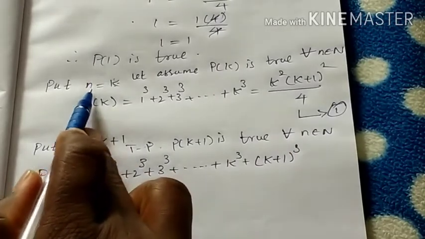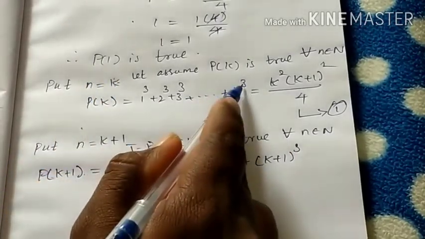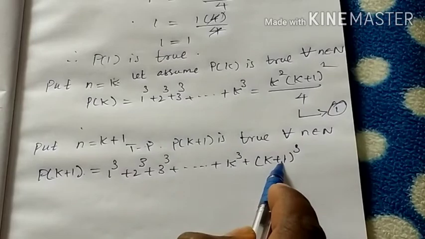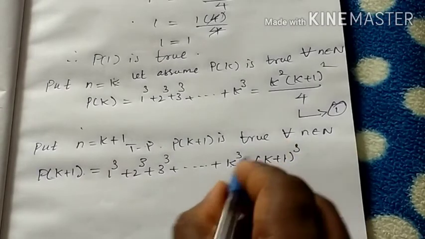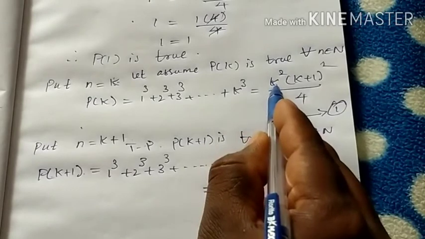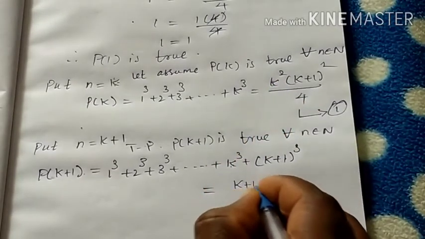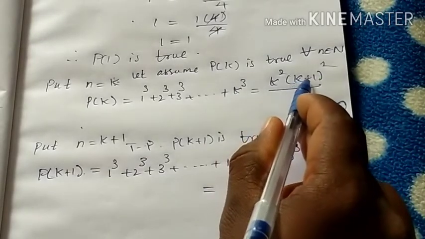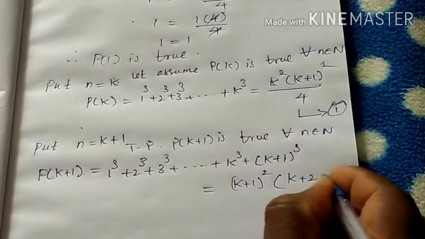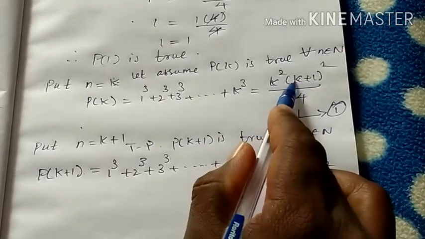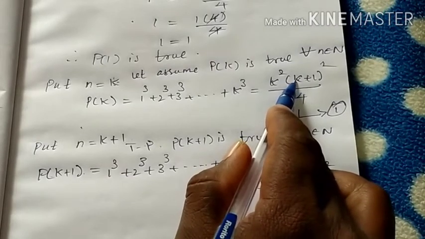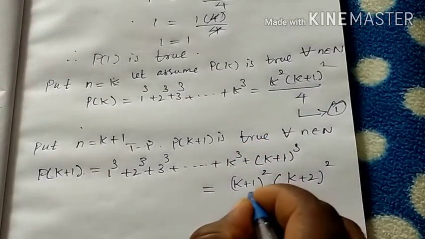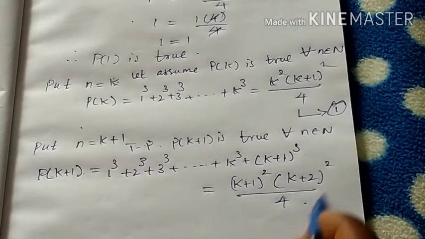We have terms up to k, and now we want the (k plus 1) term, one extra term. The RHS, with k replaced by k plus 1, is (k plus 1) the whole squared into (k plus 1 plus 1), that is (k plus 2), the whole squared, divided by 4. This is what we want to prove.